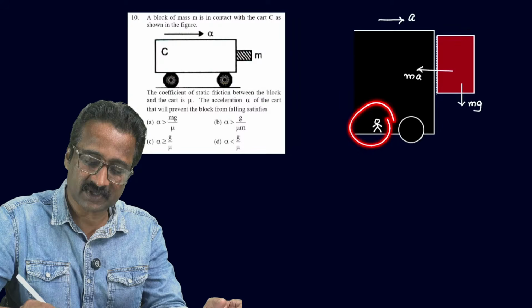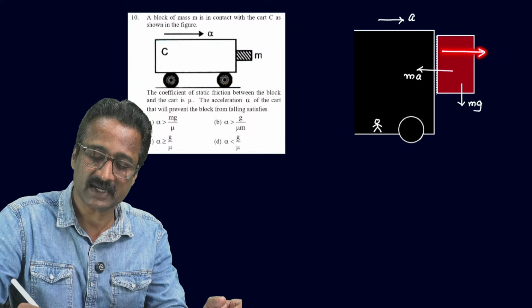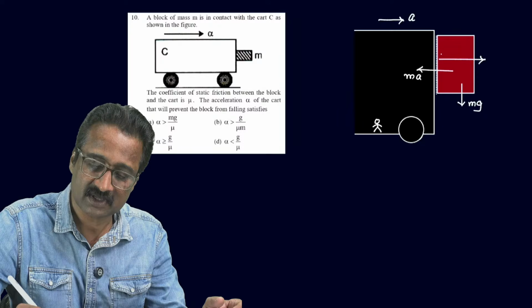It is because there is some other force trying to balance this ma, and this is nothing but the normal reaction, because this wall is exerting a reaction in this direction. That is what balances this ma. So in his observation, there is one more force in this direction, which is the normal reaction R acting towards the right.